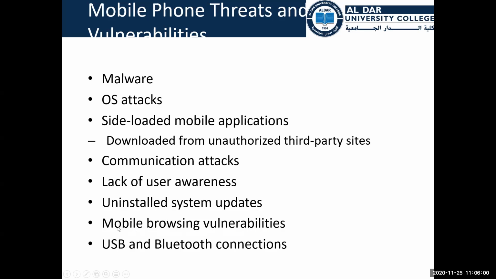You can use your mobile device to surf the internet and go online. Sometimes you go to a malicious website and download some unneeded applications that lead to breaching your device. USB and Bluetooth connections. We have talked about the wireless connections and how the hacker can use them to reach your device.